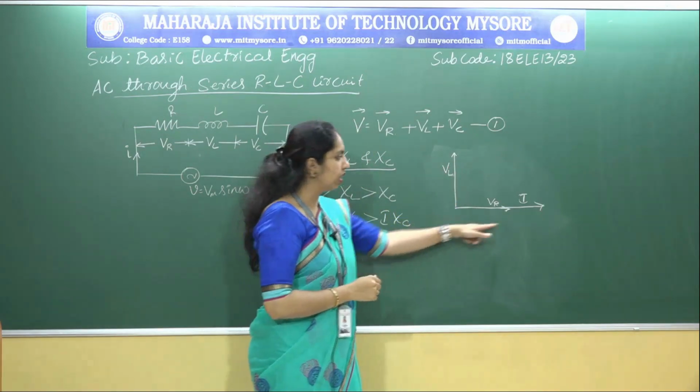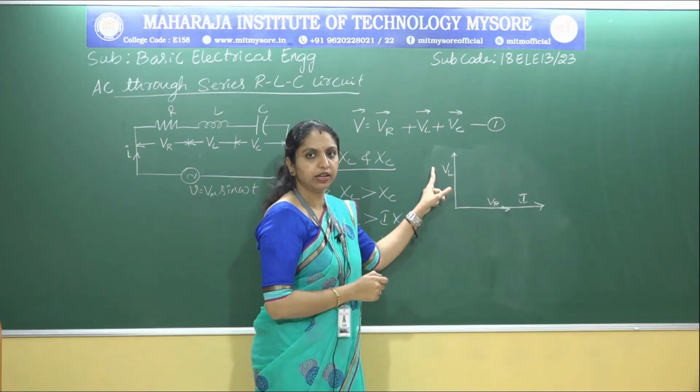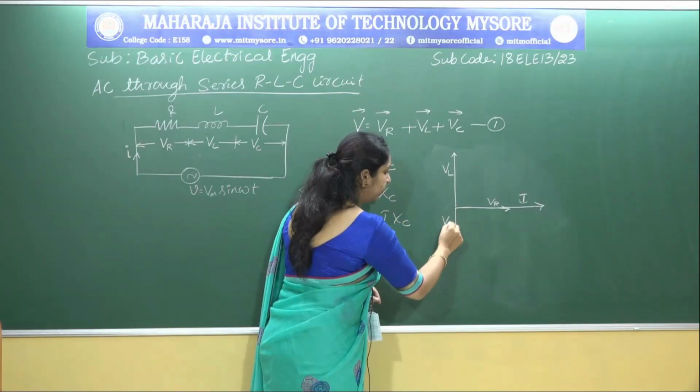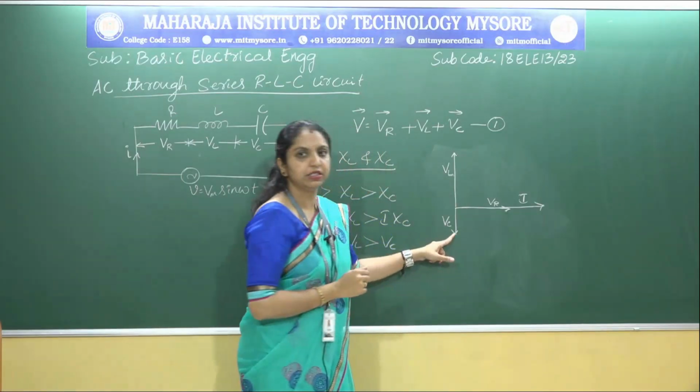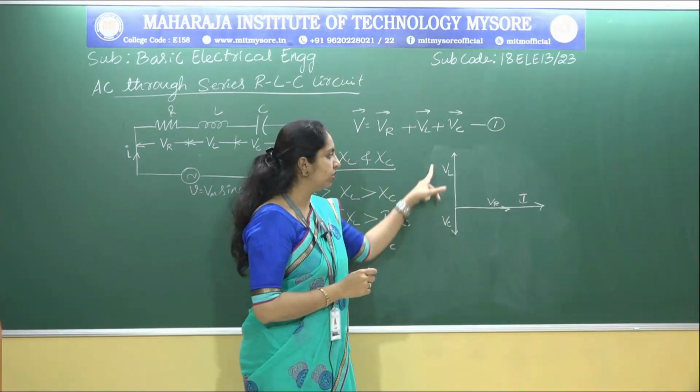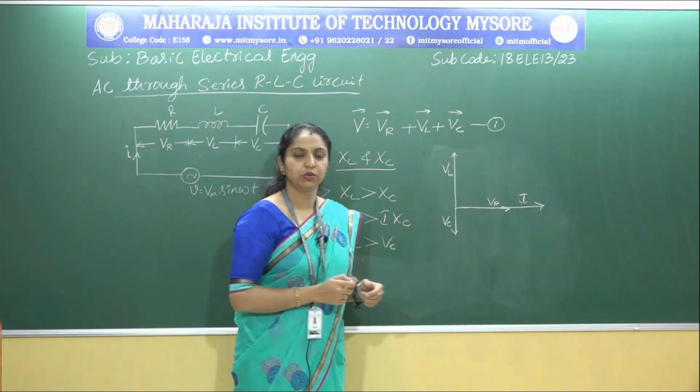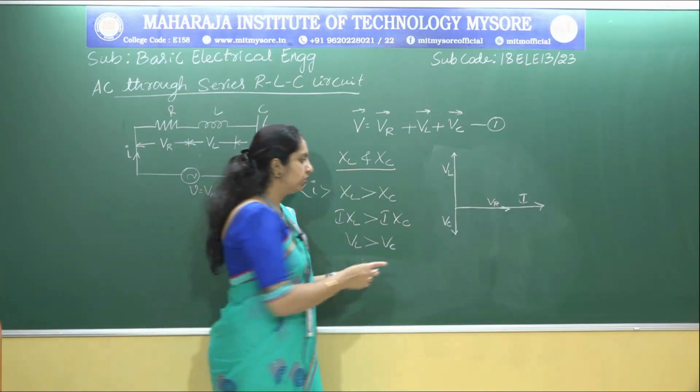As we have already studied in the previous concept, current lags behind VL and current leads VC. What are VL and VC? VL is the voltage drop across the inductor and VC is the voltage drop across the capacitor.